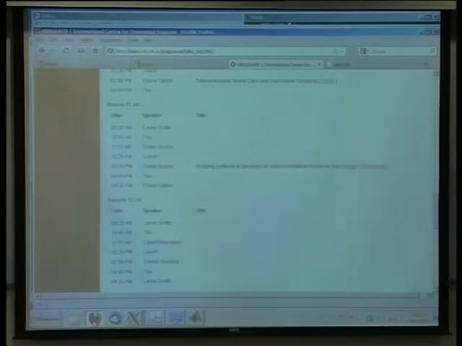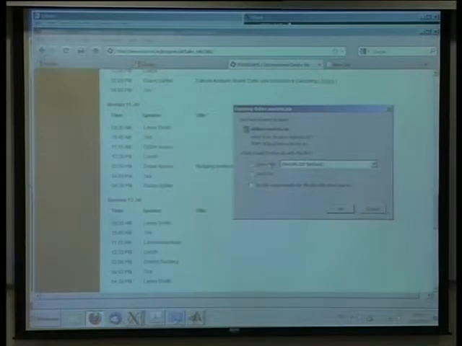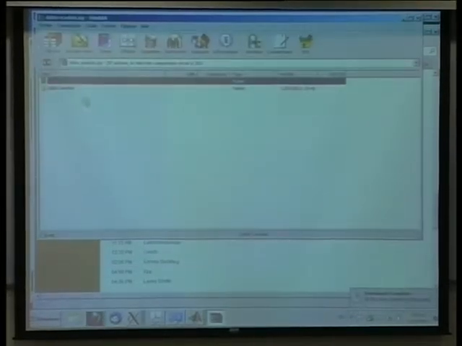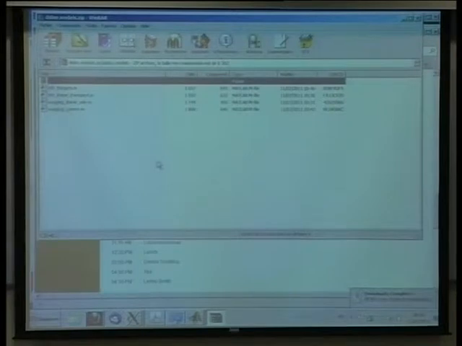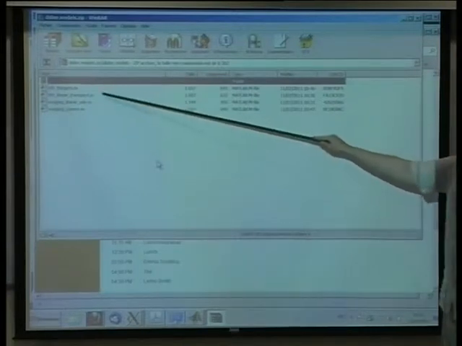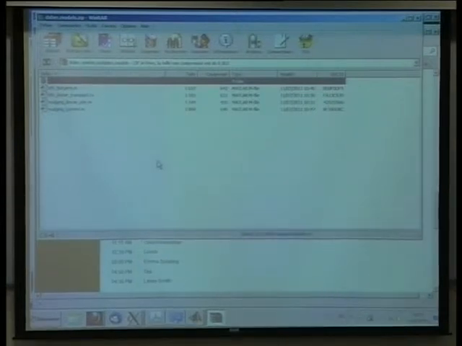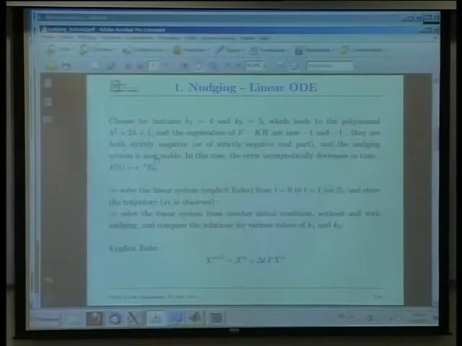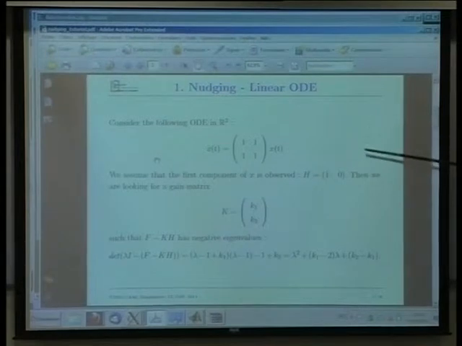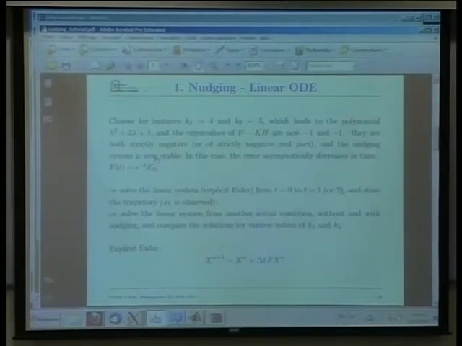You will get a zip file, and inside you will get a few MATLAB files, and this one, nudging linear ODE, which already computes the explicit Euler scheme for this model. It computes the solution, it plots the solution, so you just have to add the nudging term inside.